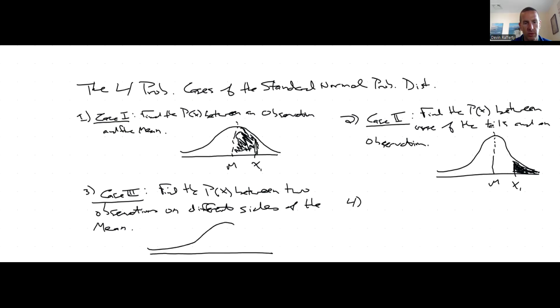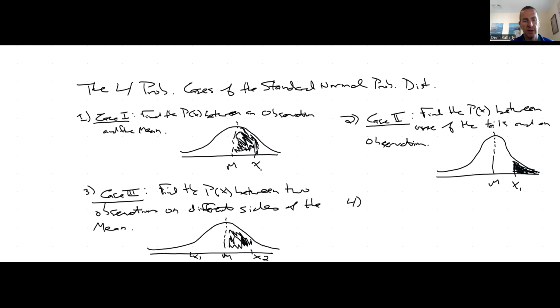So in other words, we have our mean here. And if we want to find the probability between two observations on different sides of the mean, then what we're trying to do is find this area.